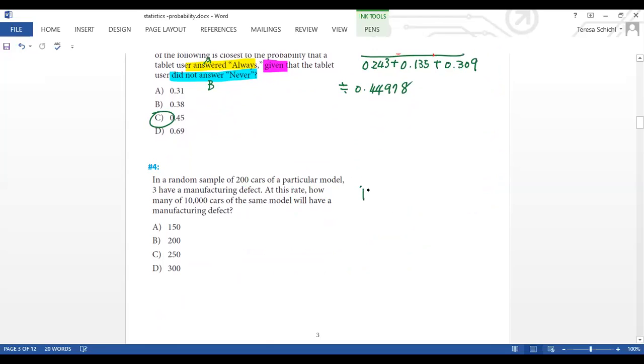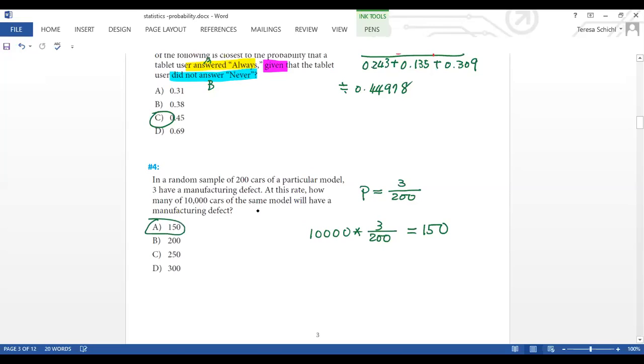So I know the probability to get a defect is 3 over 200, right? And so out of 10,000, how many defects? You just multiply by the probability you're going to get a defect, right? So what you have is 150 here.